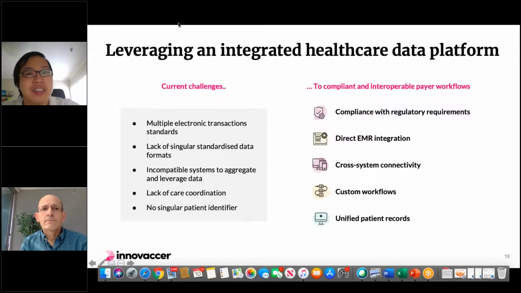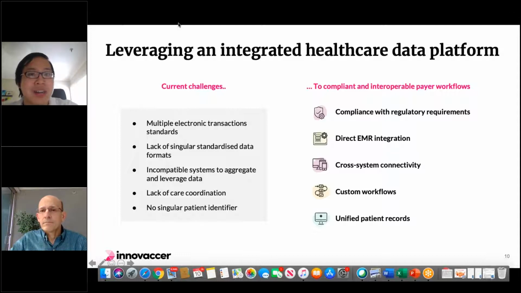Whether this is for chart review on the CM or UM side, the care management or utilization management side, or whether it's for certain coding or quality gaps, there's a great need to get that clinical data. The best way to get at it, and Mike alluded to this, is directly from the EMR. Get it from the source system and connect to it and ensure that you have high quality data.